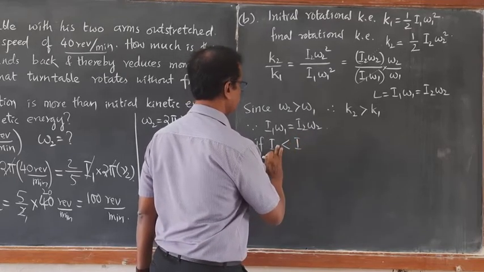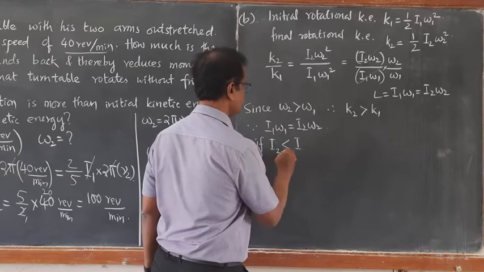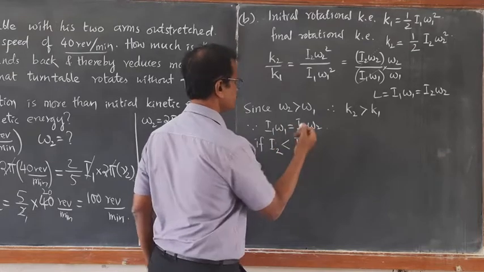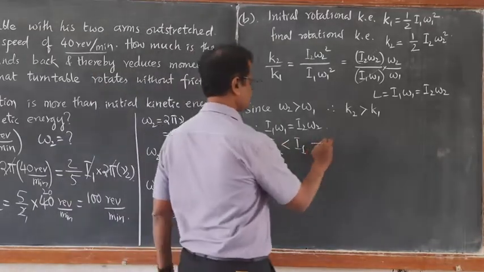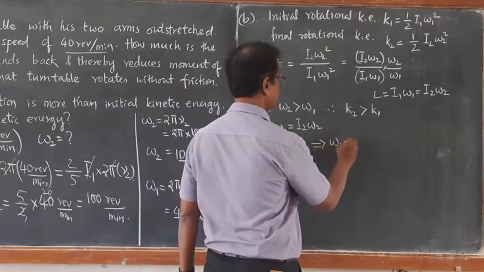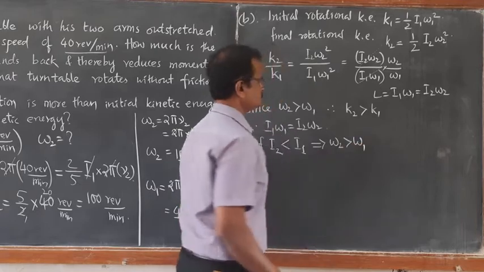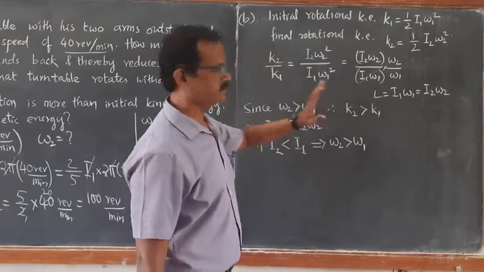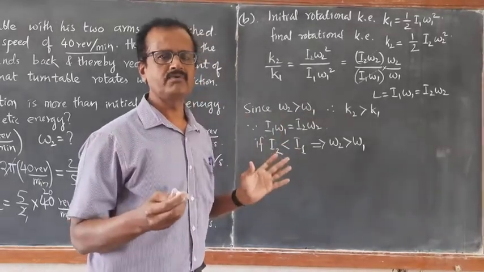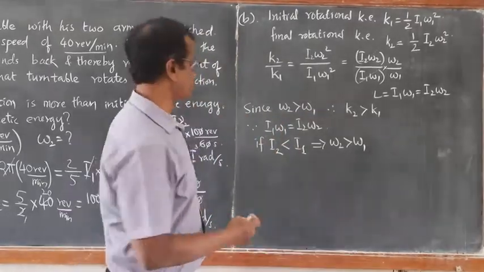If I2 is less than I1, then since the product must be constant, omega 2 must be greater than omega 1. So when omega 2 is greater than omega 1, definitely K2 is greater than K1. This is how we account for the increase in kinetic energy.